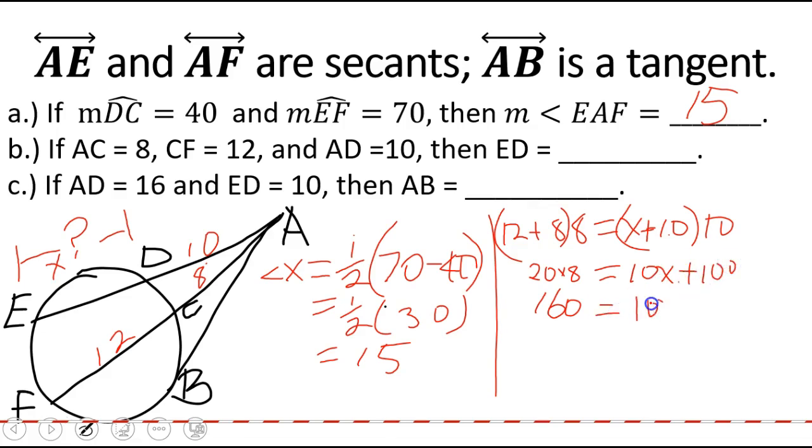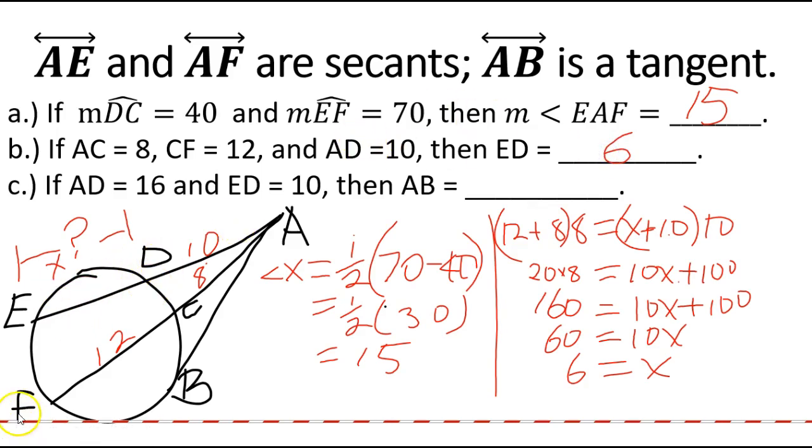So now we have 10x plus 100. Now we just solve the equation for x. Subtract 100 from both sides. We get 60 equals 10x. And then divide both sides by 10. We get 6. So x is 6, and the x represents the ED we are looking for. And that's our answer there.